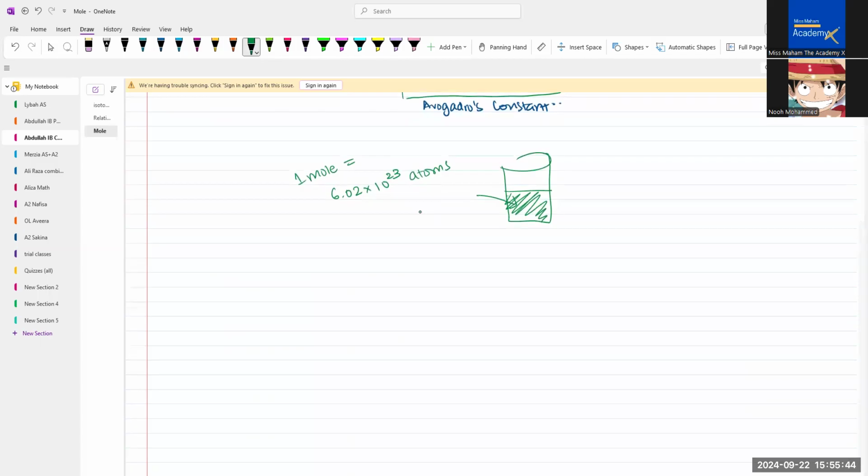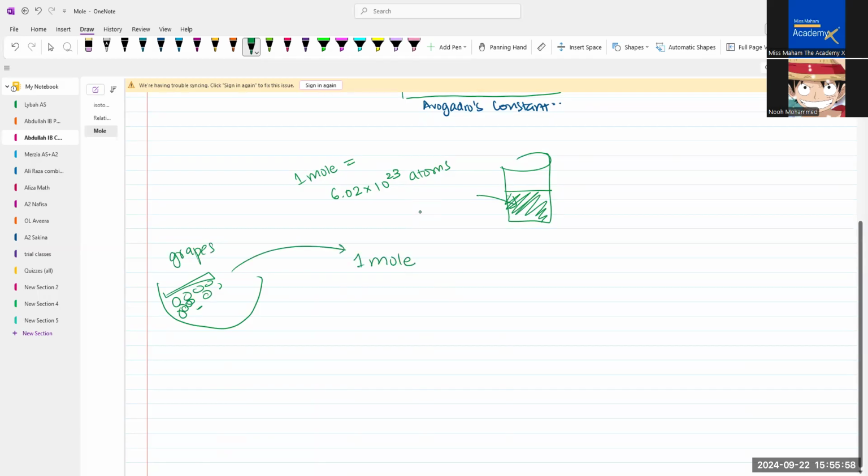Now, if I have a basket of grapes, and I say that 1 mole of these grapes contain 6.02 into 10 to the power 23 atoms, this is correct.